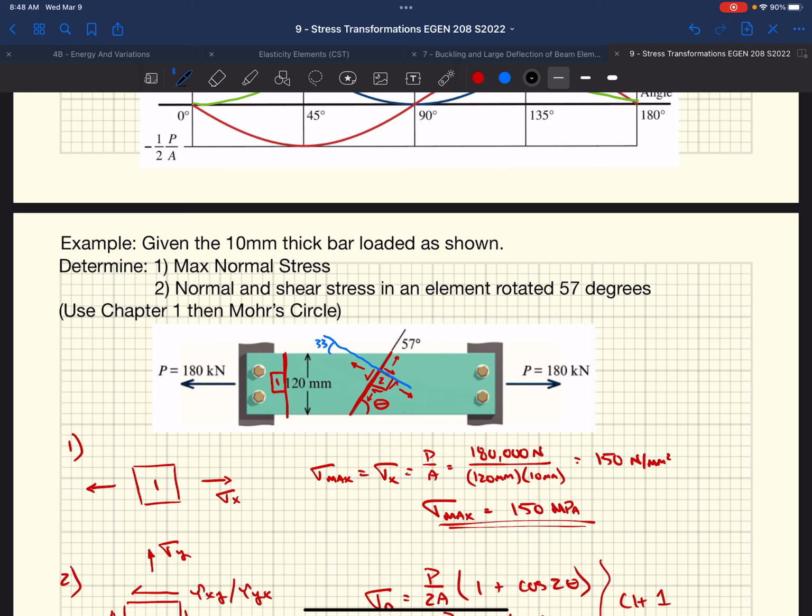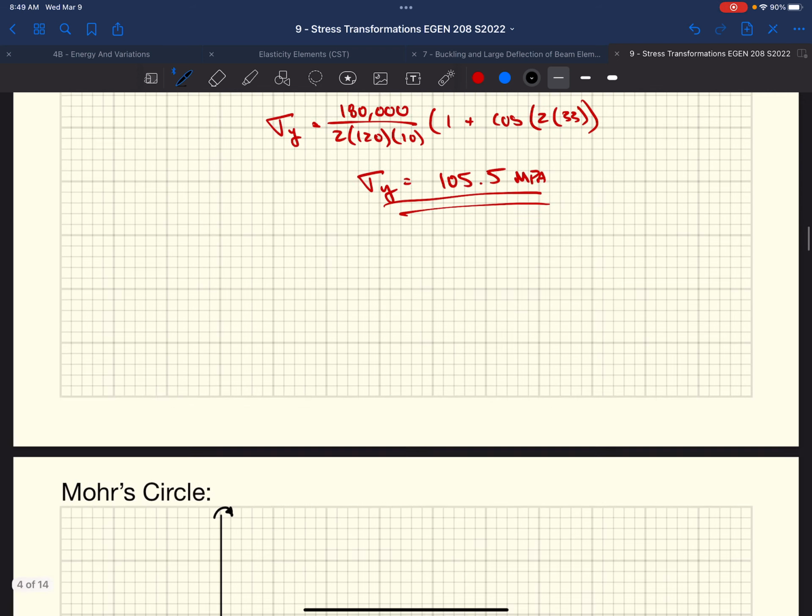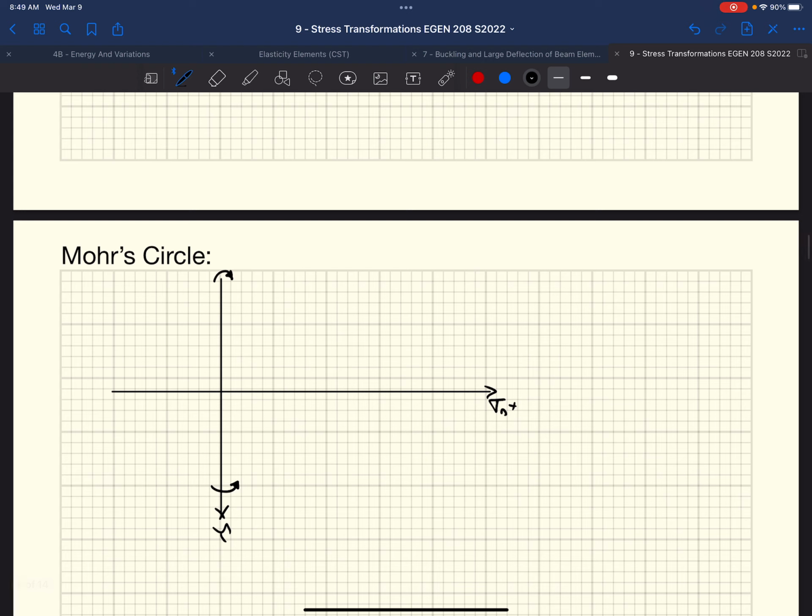So our coordinate on the x face is going to be 150, 0: 0 shear stress and 150 megapascals of normal stress. So we can plot this value right here. It's positive, it's in tension. We're on the right-hand side of our y-axis, and we have 0 shear stress. There was no shear stress on that block.